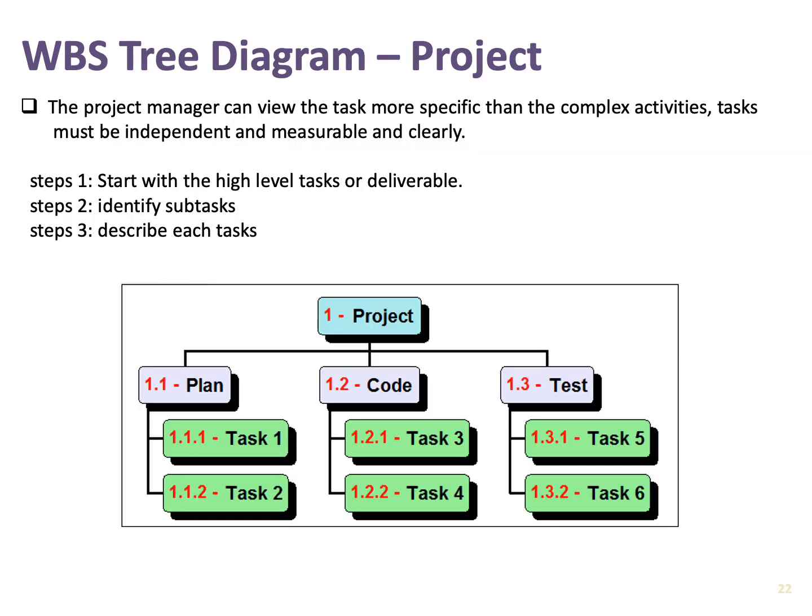For example, over here, this is a WBS tree diagram. You would start off with a high-level task, and then you would identify any subtasks that you have, and within your subtask, you have more subtasks. So this depends on how you arrange your project.